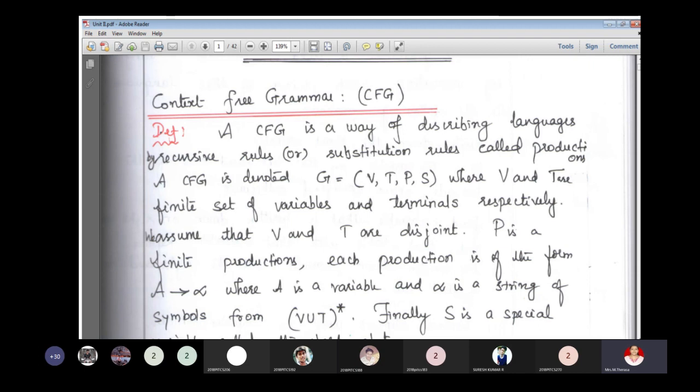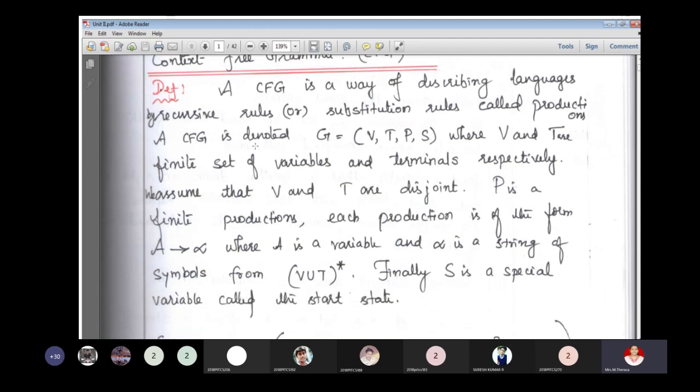Each production is of the form A tends to alpha, where A is a variable. So we should have only one variable on the left hand side of the production, which is called the head of the production. On the right hand side of the production, we may have alpha. Alpha is a string of symbols from (variable union terminal) the whole star.